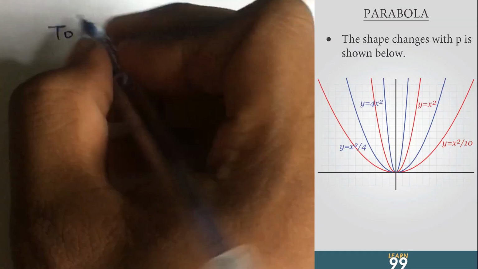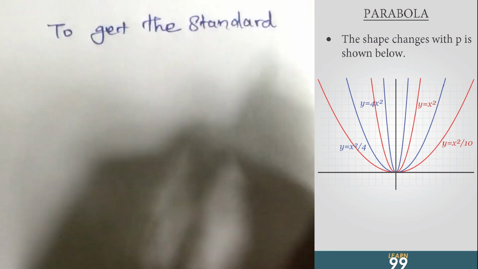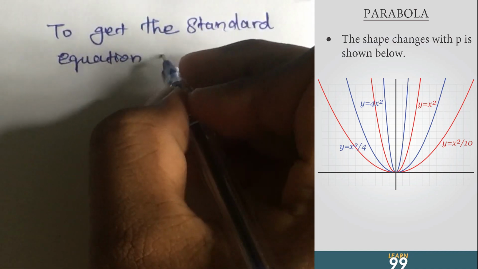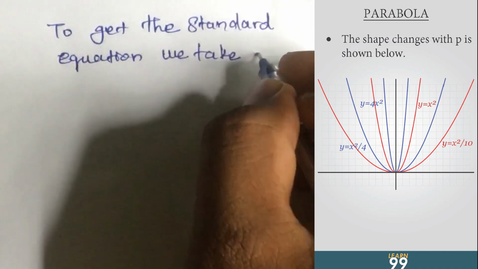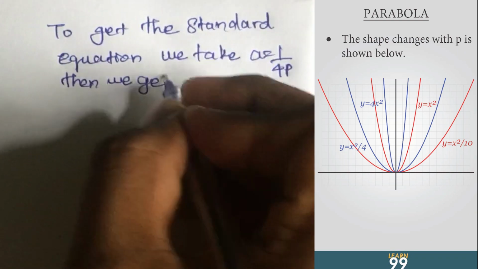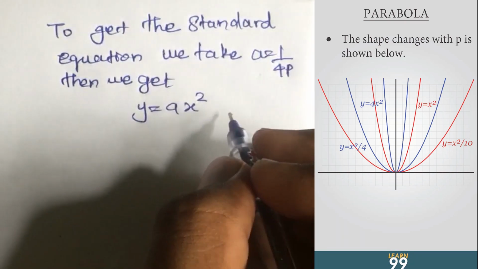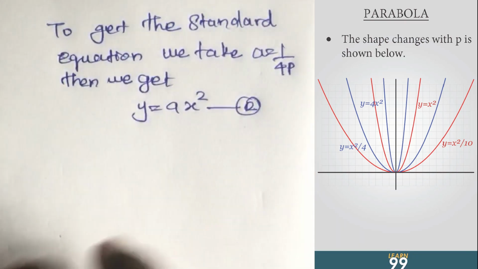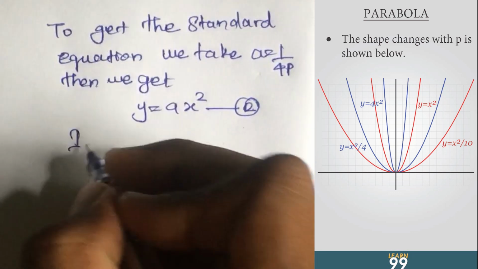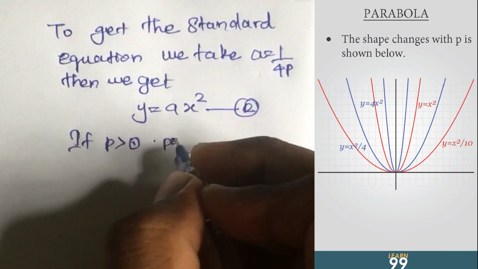If we want to get a standard equation of parabola, basically we put a instead of 1 over 4p, then we can get the equation y equals ax squared. Also, if the value of a is increased, you can see in the picture the focus point is decreased, the shape is compressing with a.